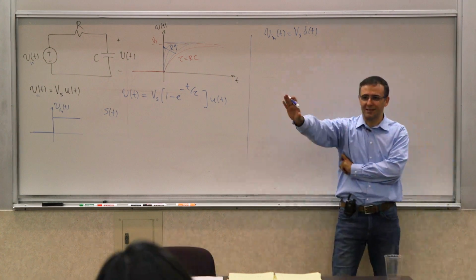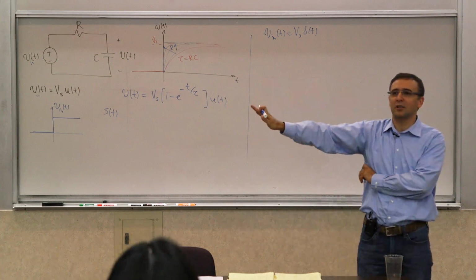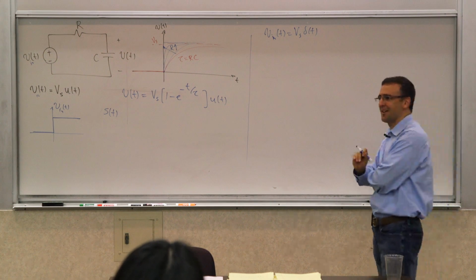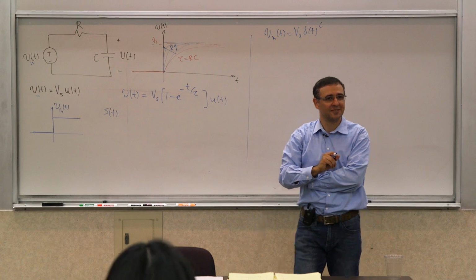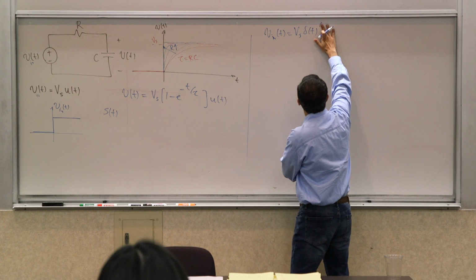Don't let that distract you. Trust me, I'll get to that. For now, don't worry about the units of delta. Just ignore it. Let's say we have some constant here that will adjust that unit, turn it into a voltage. Just forget about that.